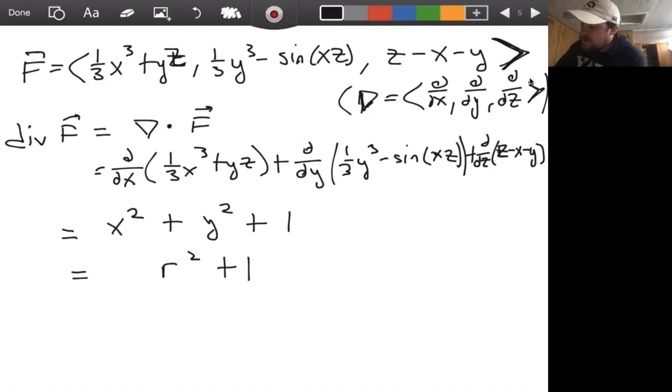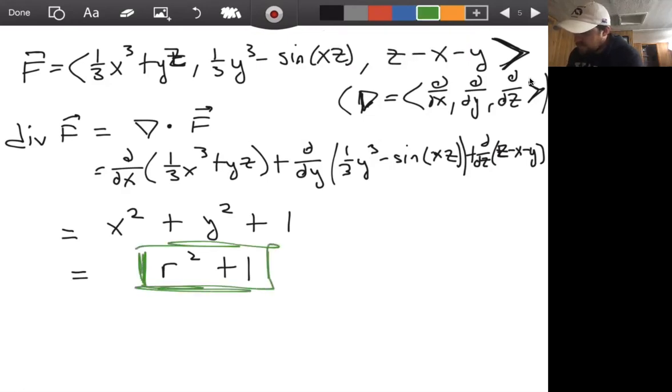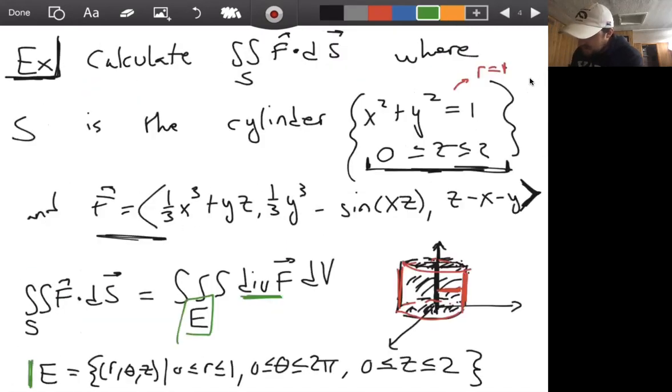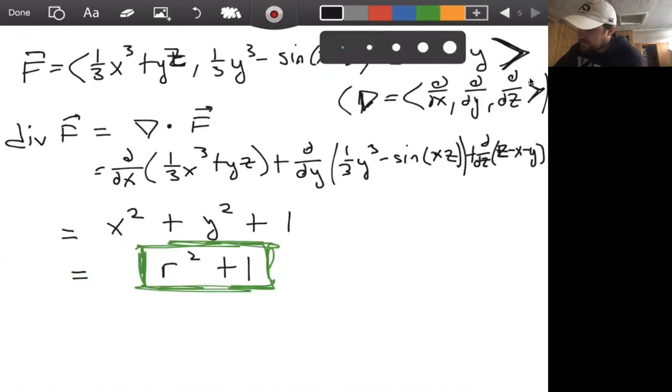And now we can use both pieces of information here. We have the divergence of F in cylindrical coordinates, and we have the region E in cylindrical coordinates. And we have everything we need now to set up this triple integral.